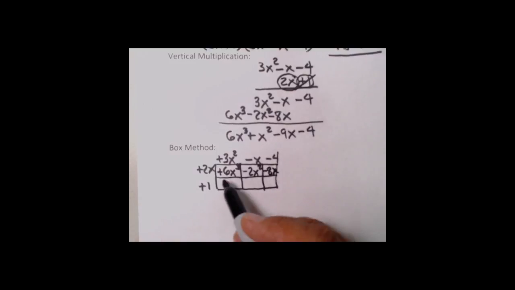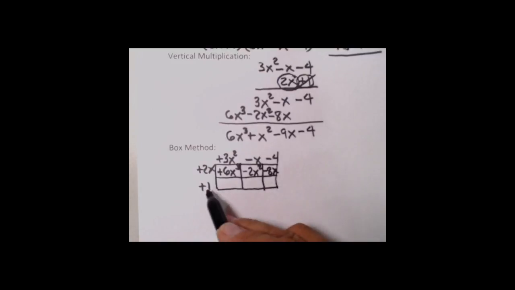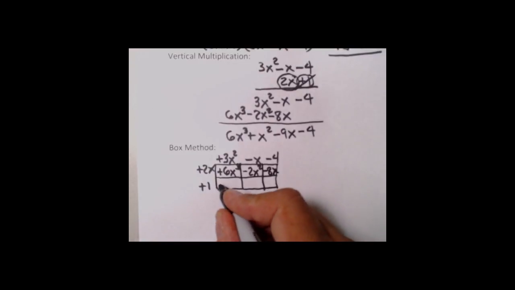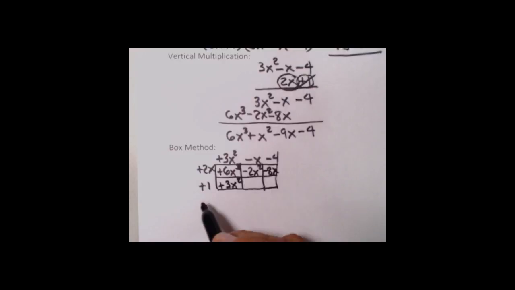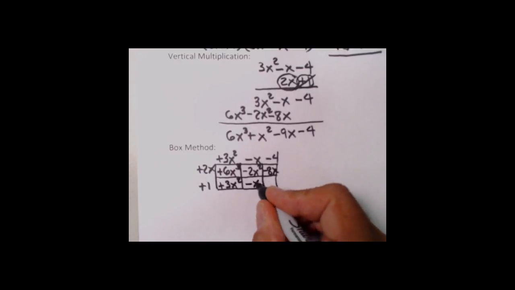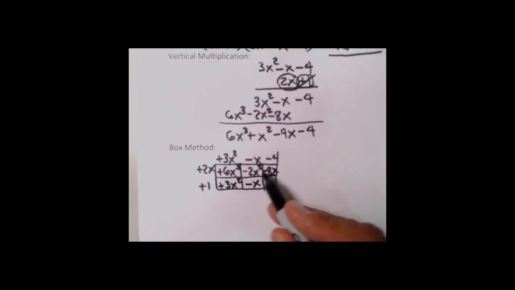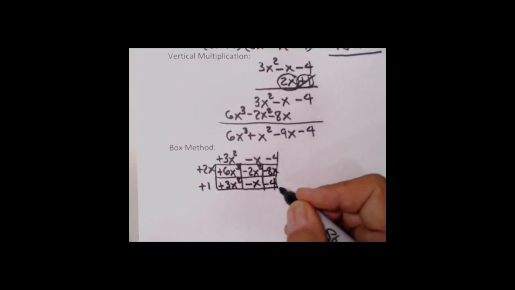Okay, now go down and fill in the next boxes by multiplying by the guy out in front here. So plus 1 times plus 3 is going to give me plus 3x squared. Plus 1 times negative x is going to give me negative x. And plus 1 times negative 4 gives me negative 4.